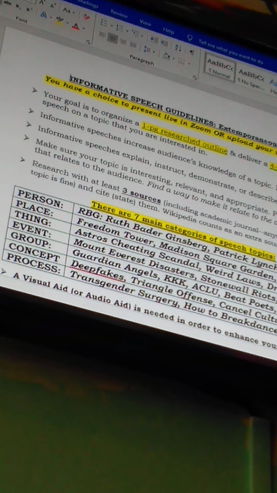We offer theories of persuasion, both of which cover persuade, and they're great classes. You could see that informative speeches explain, instruct, demonstrate, or describe, and all examples are below. You'll make sure it's interesting, relevant, and appropriate. In terms of making it relate to the audience, people usually find a way of doing that in terms of just why they're interested in it.